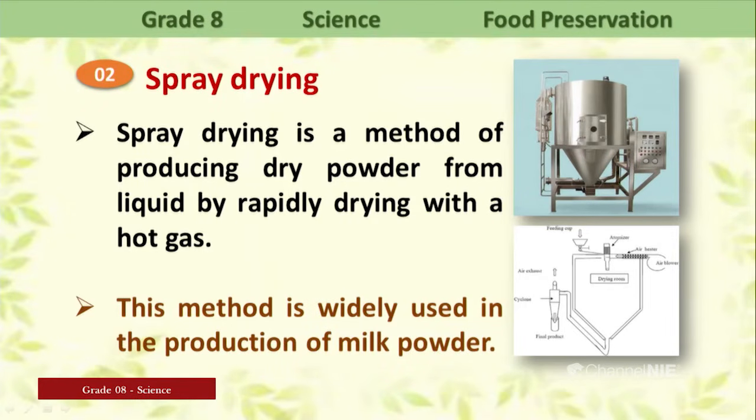This method is widely used in the production of milk powder. So, if you have ever visited a milk powder production factory, you may have seen this spray drying machine, right.